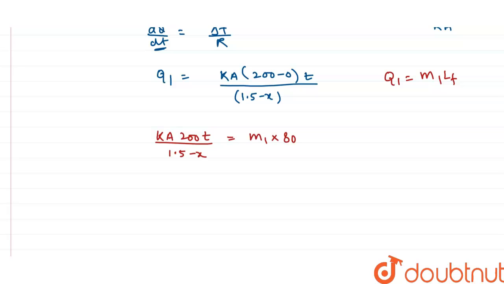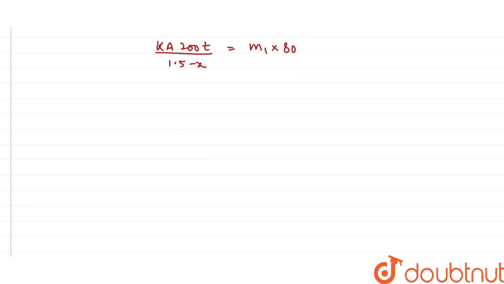So from here the value of m1, the melted ice, is coming out to be KA 200t upon 80 into 1.5 minus x. Suppose this is my equation 1.